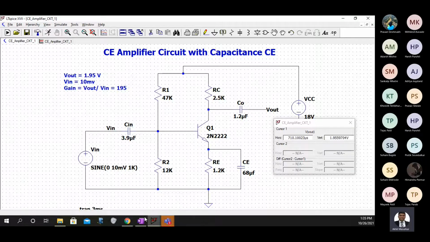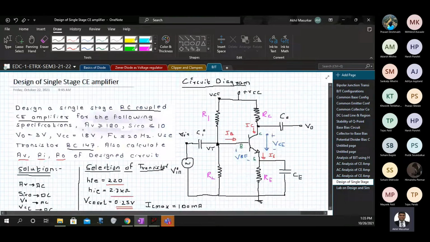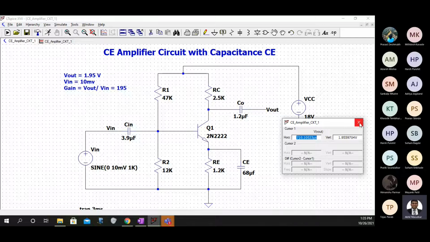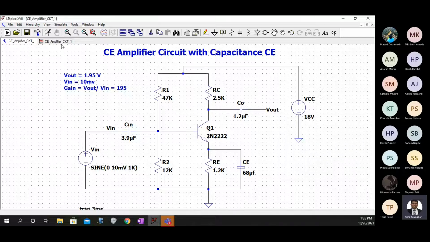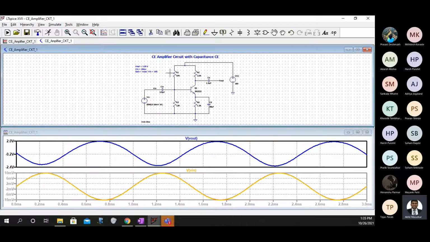And you can very well observe that as per our calculation, the designed value should have been greater than 180, and we are getting around 195, which is a good value. So this is how you should be able to test it. Now you all will put these two, the circuit as well as the input and output, in the chat box.